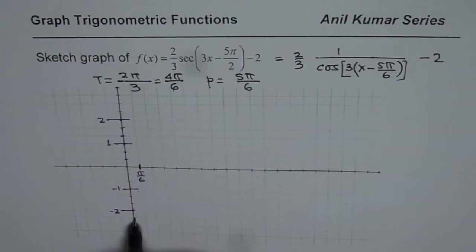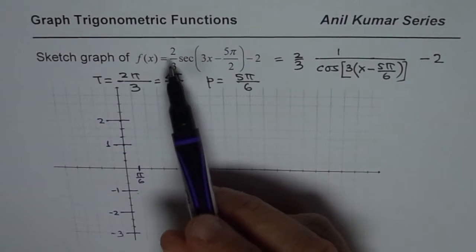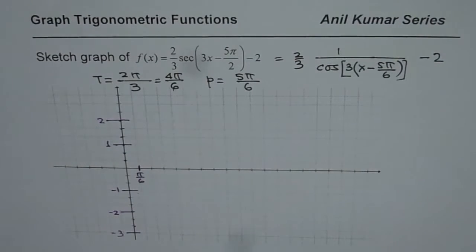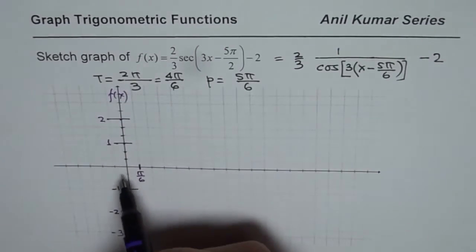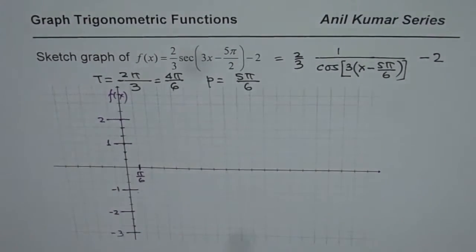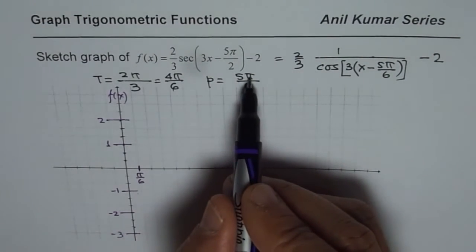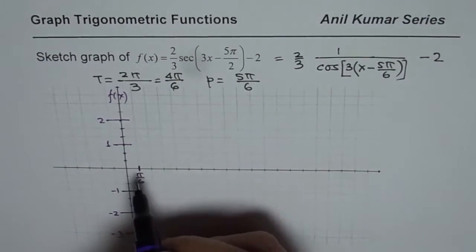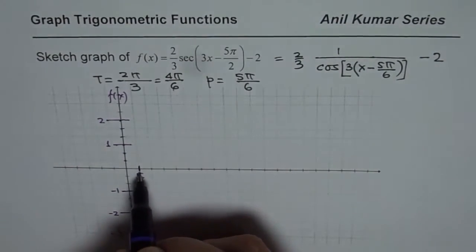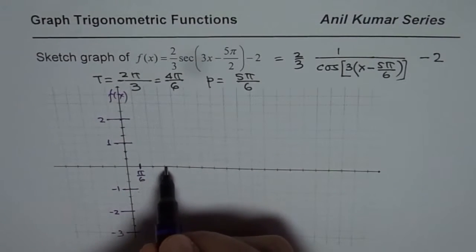So the first thing you should consider is a proper scale whenever you have to sketch something that involves a lot of fractions. So the vertical axis, y or f of x for us, each unit is 1/3. Now let's see where 5 pi by 6 is, since the cosine function really starts from there. So we have 1 pi by 6, 2, 3, 4.